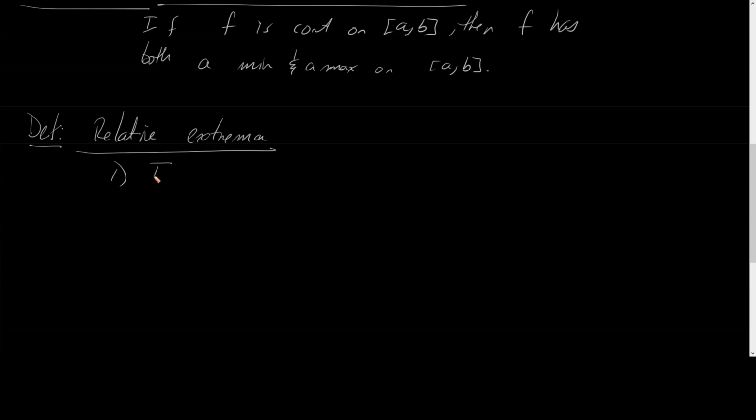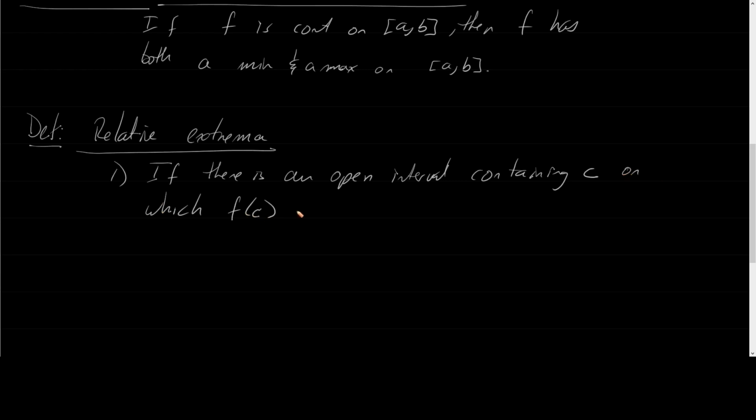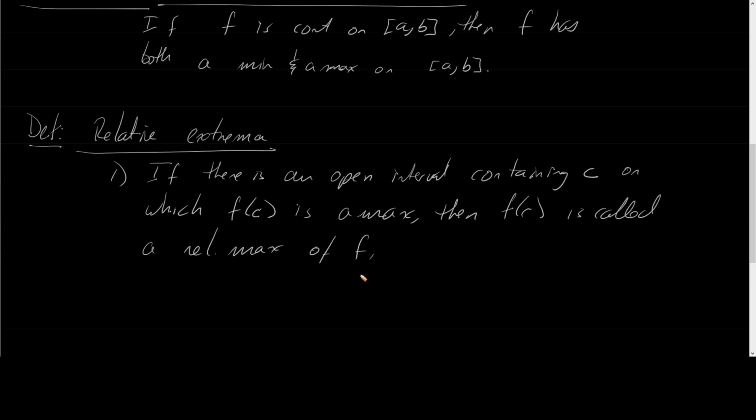If there is an open interval containing c on which f of c is a max, then f of c is called a relative maximum of f.